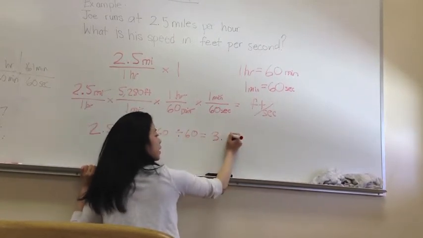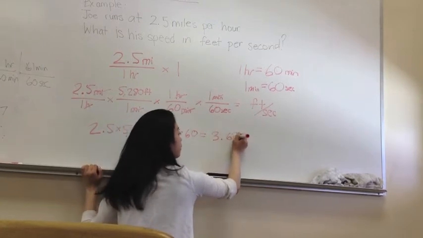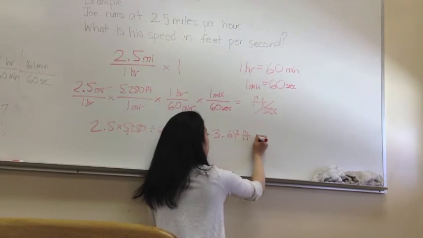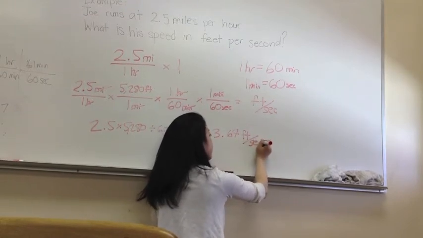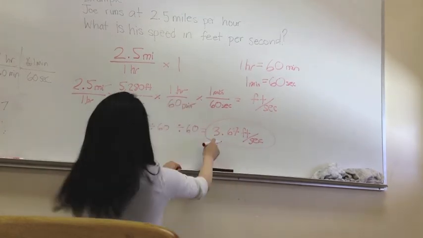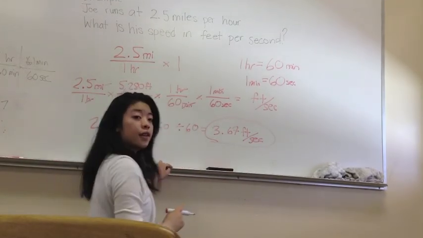And you can just check that on your own calculator. And our answer here is in terms of feet per second. So now this is the total speed that Joe is running at in terms of feet per second.